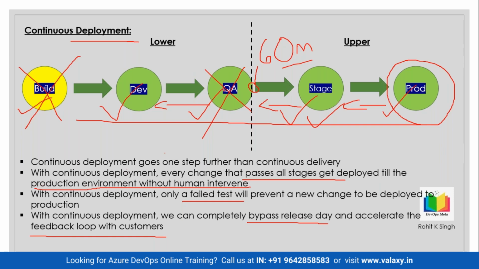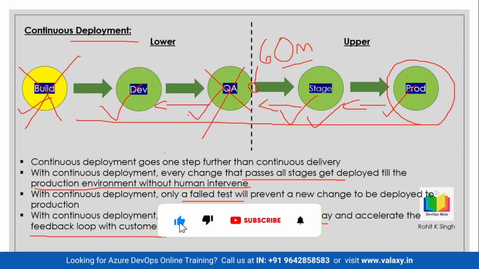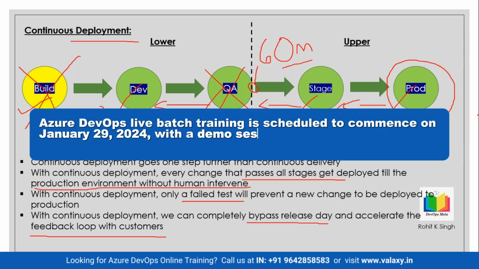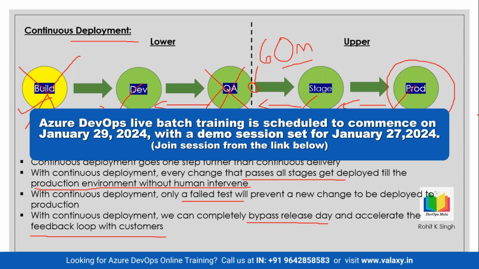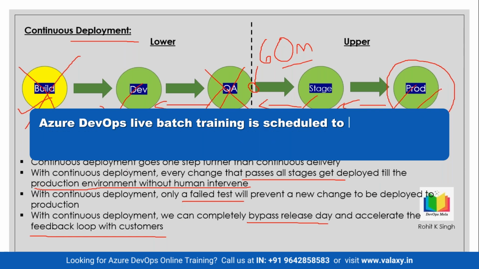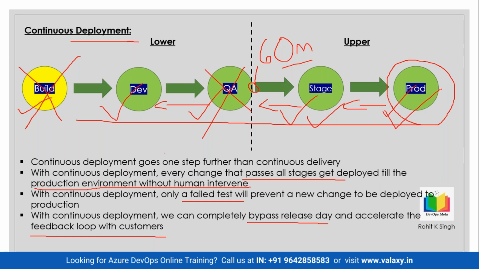So if you have any sort of automated testing in QA which is failing, it will not let this release go further. So that is the condition of continuous deployment. Your build should be 100% successful. Each stage should be successful, then only it will automatically go to production. Make sense?